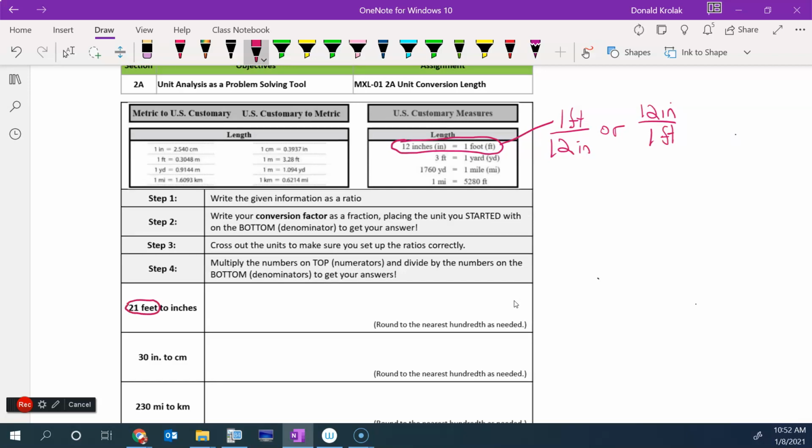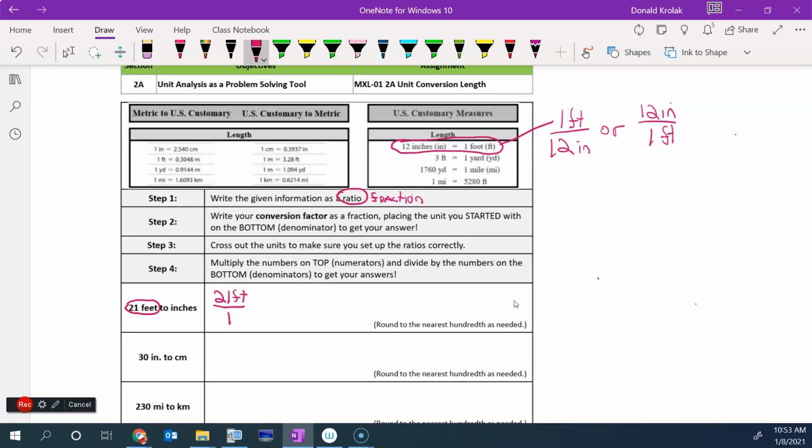So if I'm starting with 21 feet, I write that beginning amount as a ratio. So I start with whatever I'm given and I write it as a ratio. Ratio is just another word for a fraction. All right. Then I go to my conversion factor.